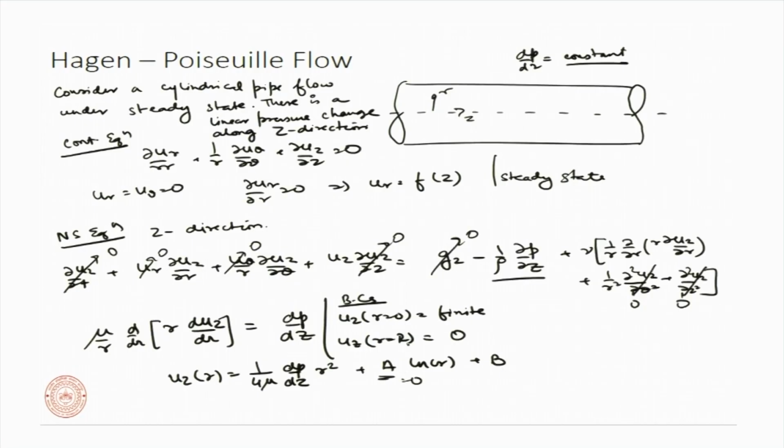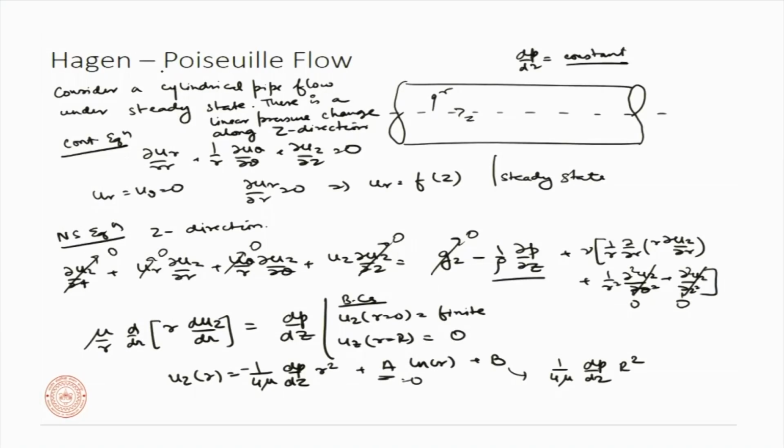And if you put the other term, the b term, it comes out to be equal to 1 by 4, this is a minus sign over here. So, it comes out to 1 by 4 mu dp by dz of r square. So, again a is equal to 0, b is equal to 1 by 4 mu. Let us go back.